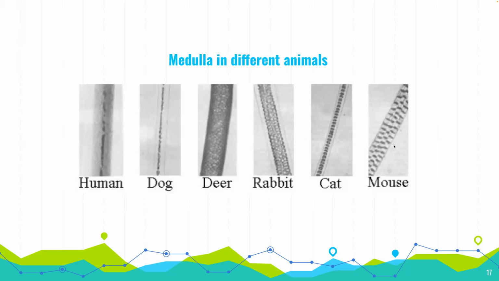The mouse is some weird 3-ladder kind of thing. Rabbit looks like a bunch of little whole circle things pieced together, and a deer is like rabbit but more condensed. If you want to see a better picture of the dog and the human hair, I could pull one up, but if you don't ask for it, I'll just move on.